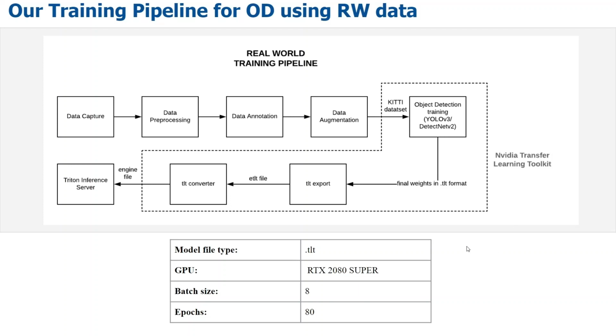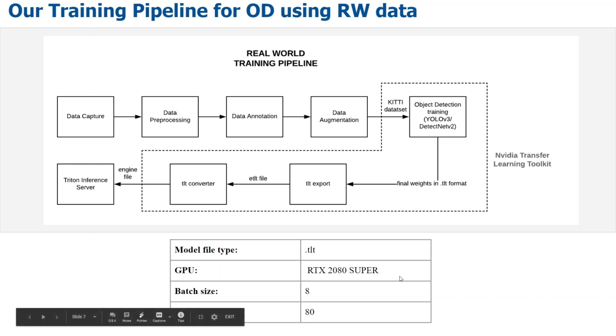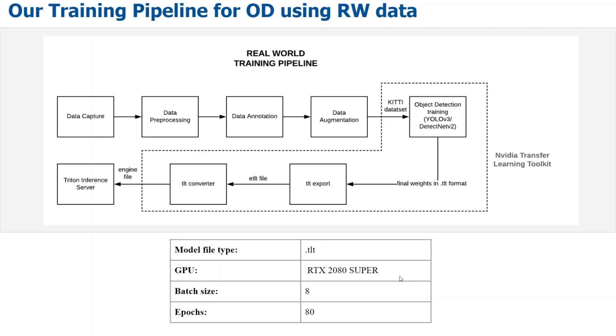For our training pipeline, we chose to utilize a pre-trained DetectNet v2 model, which Nvidia provides through the Transfer Learning Toolkit. Each DetectNet model was trained using an RTX 2080 Super and deployed using Nvidia's Triton Inference server, which allows for quick and easy deployment of models.